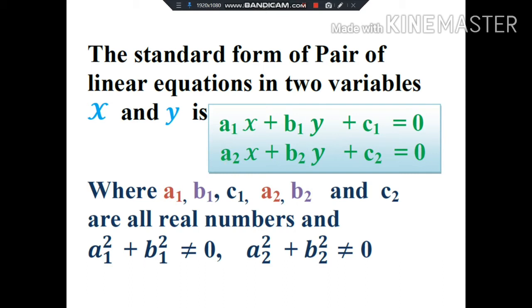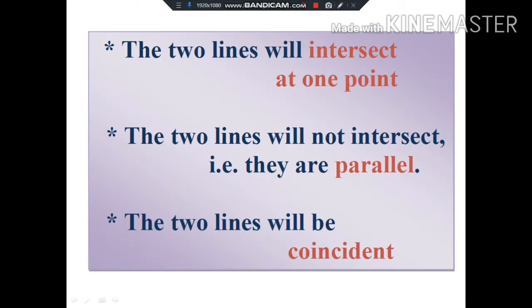That is, the two lines will intersect at a point, or the two lines will not intersect at a point, that means they are parallel. Third condition, the two lines will be coincident. The two lines will intersect at a point, or the two lines may be parallel, or they may be coincident to each other.